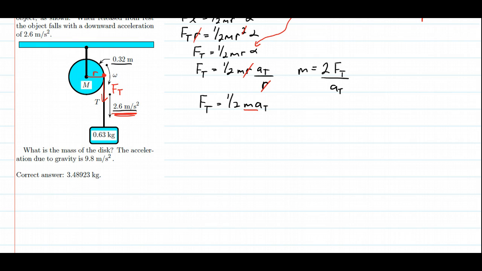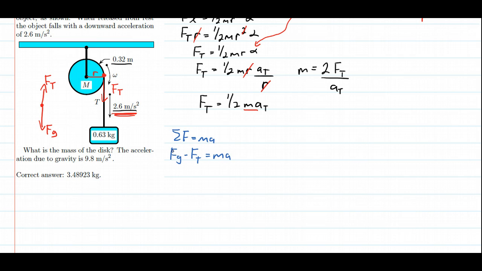So before we go any further, let's draw a free body diagram of the block. We know it has gravity, Fg, acting downwards, and it has tension acting upwards. So if we use Newton's second law, F equals ma, we would write this as Fg minus Ft equals ma.